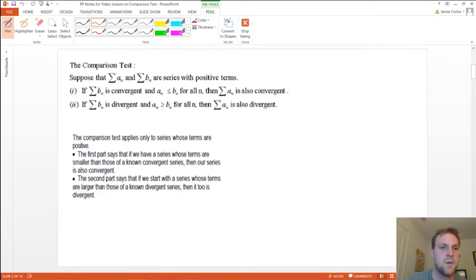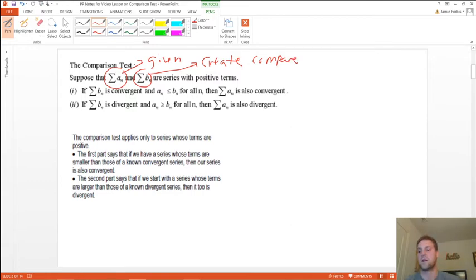Suppose that we have some series summation a sub n and another series summation b sub n, and the series with positive terms. The a sub n is going to be my given, okay? And the b sub n is going to be the one that I create in order to compare.